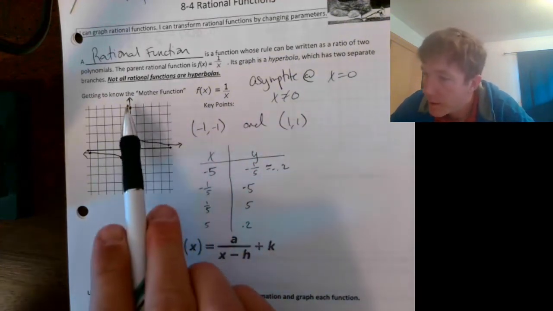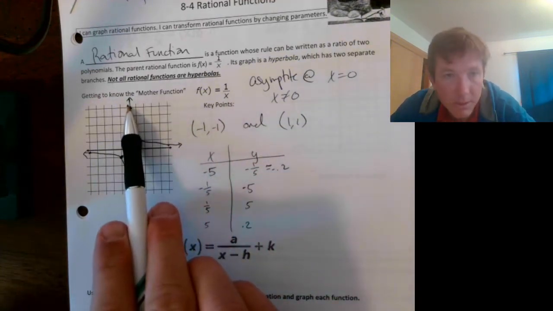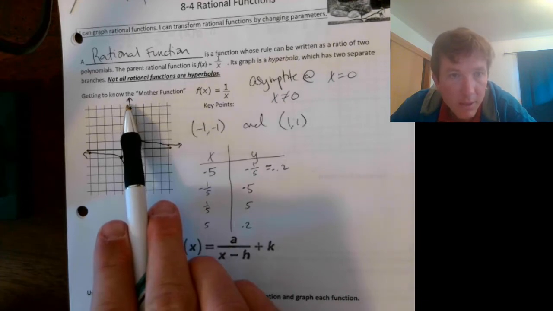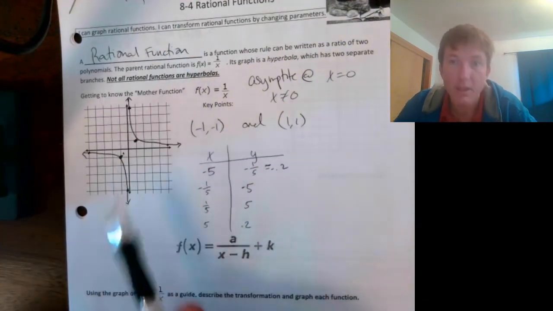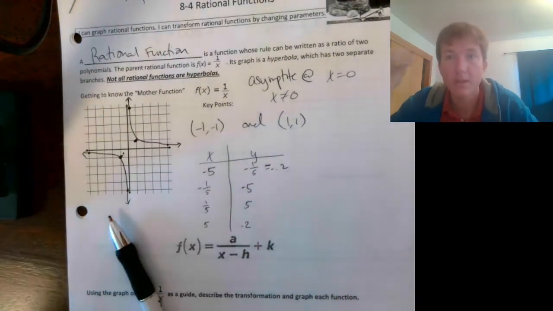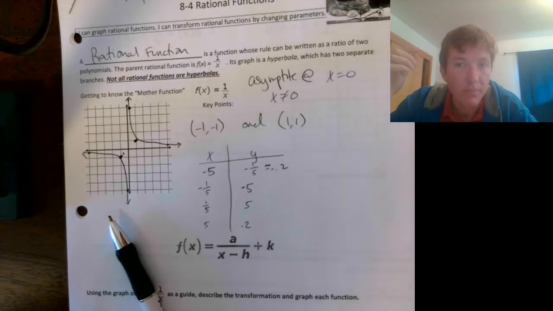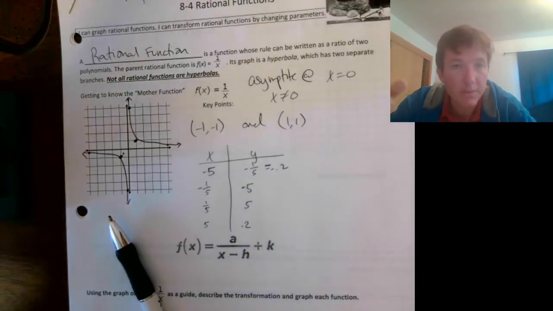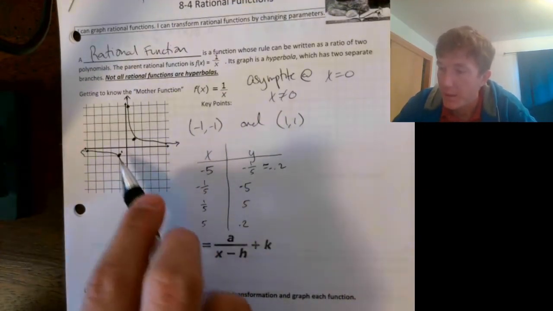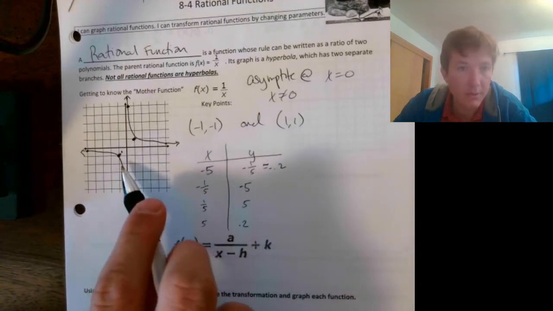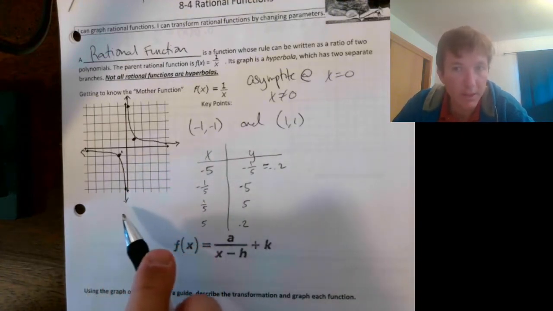So if I'm really close to the y-axis, then my y value is going to be very big. In fact, the closer you get, the bigger they get until you get to infinity. Well, you're not ever going to get there, it's a concept. So it blows up to infinity at x equals 0. And on the other side of 0, it's going down to negative infinity.